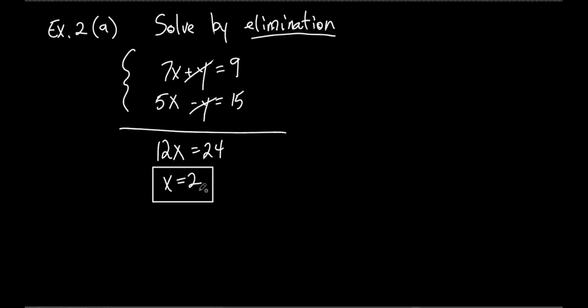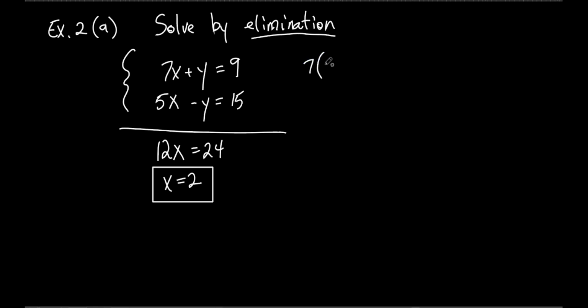Now we're going to do some substitution. You could put it into the top one. You could put it into the bottom one. Let's put it in the top one since y is already positive right here. It doesn't matter. You could put it in for the x multiplied by 7. You could put it in for this x multiplied by 5. But this y is already positive, so I'm just going to keep it like that.